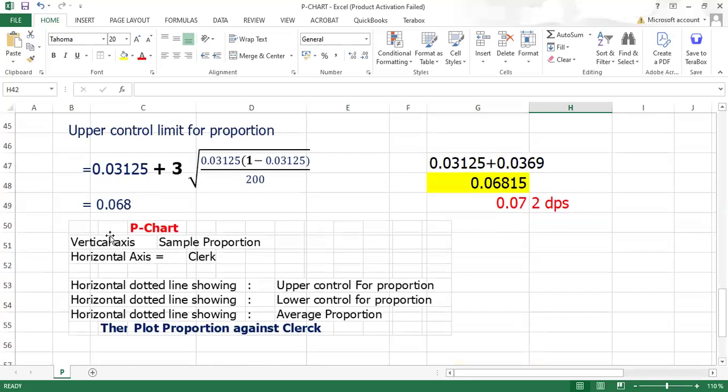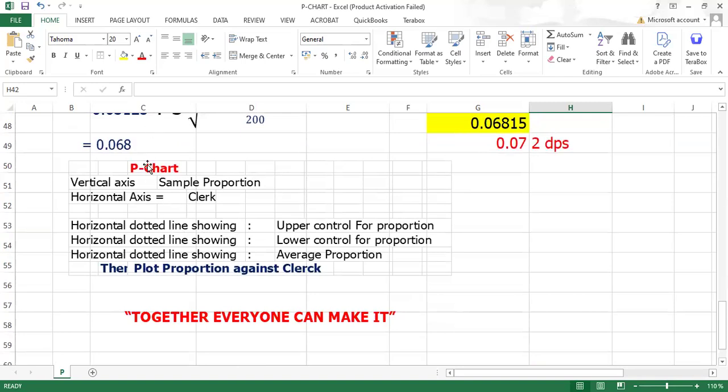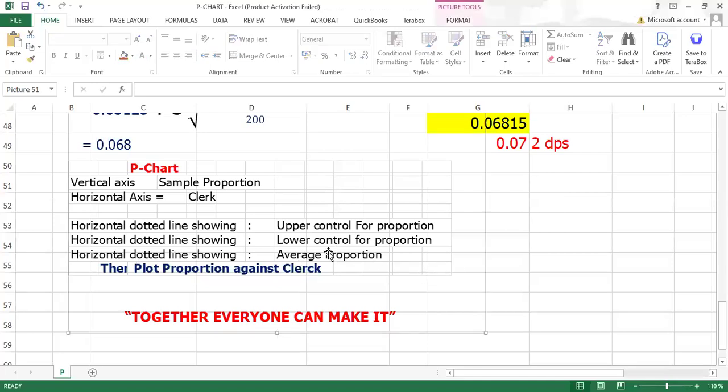Then how do you plot? The same way. On the vertical axis, you'll have the sample proportion. Then on the horizontal axis, you'll have the samples, those are your cracks. On your P chart, you will have a horizontal dotted line showing the upper control limit, a horizontal dotted line showing the lower control limit, and the average also as a dotted line. The same way we did for the mean and the range.